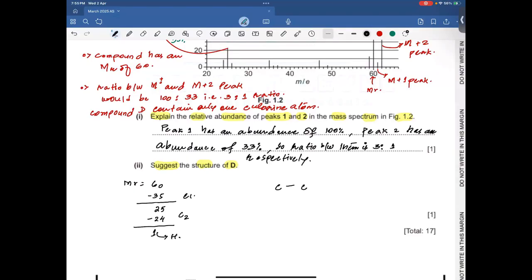So in order to satisfy the number of bonds, let's draw the triple bond here, one bond here, one bond here. So this carbon has 4 bonds, and this carbon also has 4 bonds. Attach hydrogen here, and attach the chlorine atom here. That's your structure.